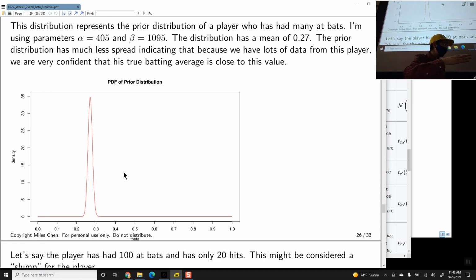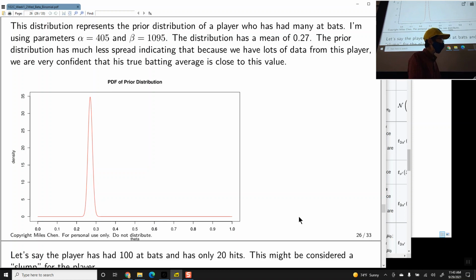And their career average thus far is 0.27, okay? And we're going to say alpha is 405, beta is 1095. Okay, so we've got a lot of data for this player, and therefore, what do we believe to be this player's true batting average? You know, we're quite confident that it's around 0.27. It's very narrow, it's very tall at 0.27. Okay?